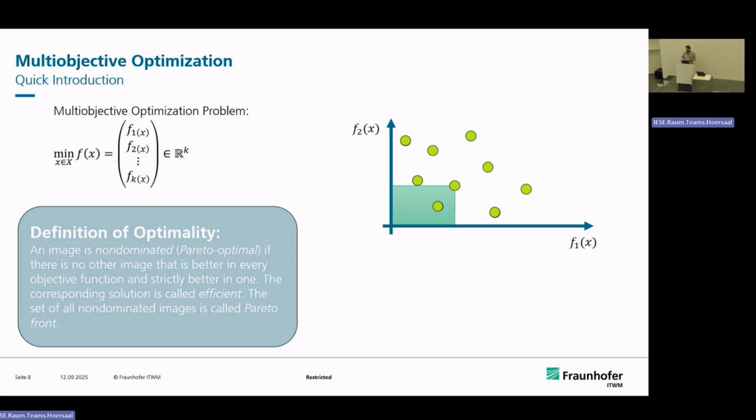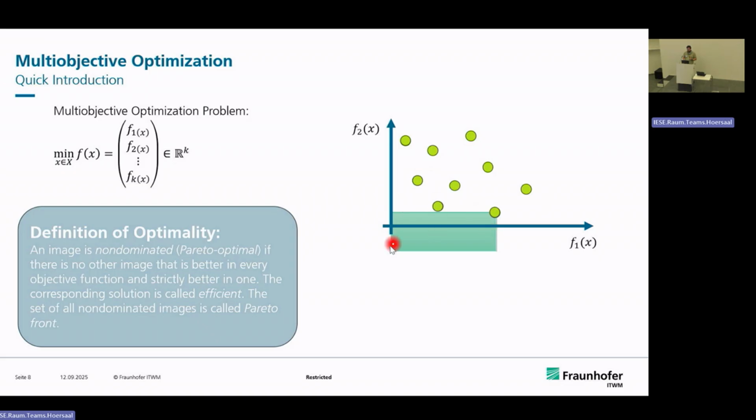So, for example, if we look at this solution here, this solution below is better in the first and also in the second objective function. So this one is not Pareto optimal because it's dominated by the one below. But on the other side, if we look at this one, there are solutions like this one that are better for the first objective function value, but they are worse for the second objective function value.